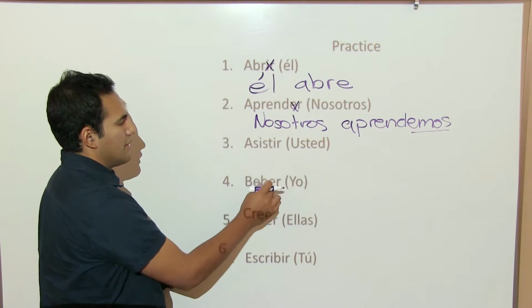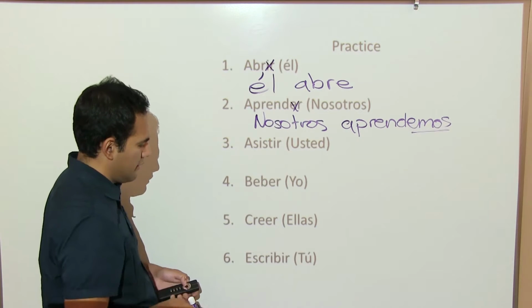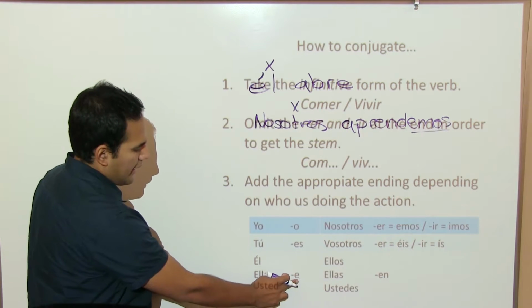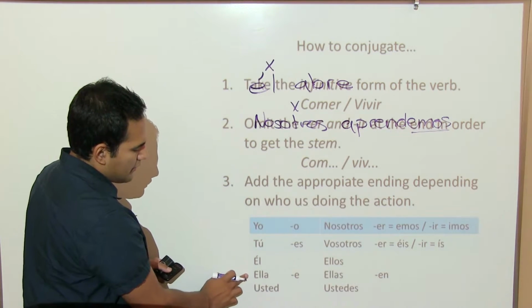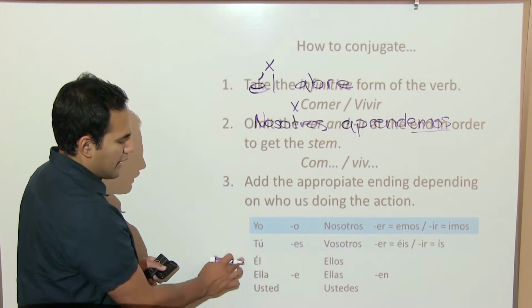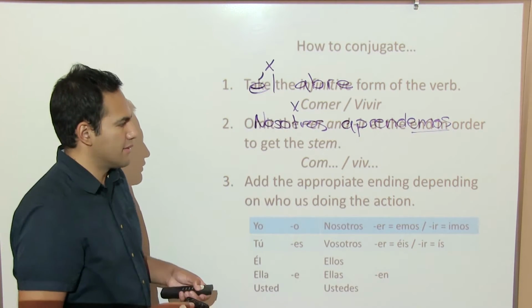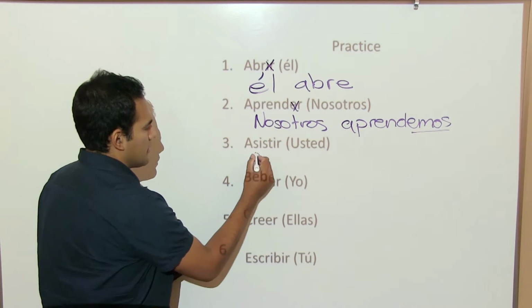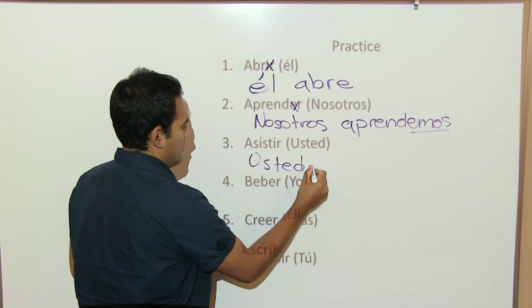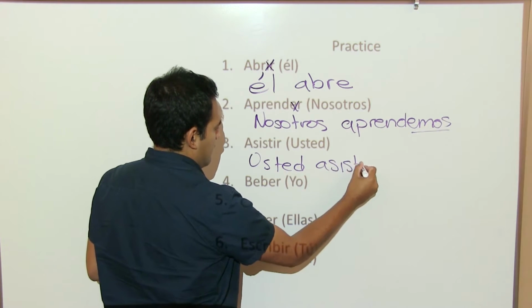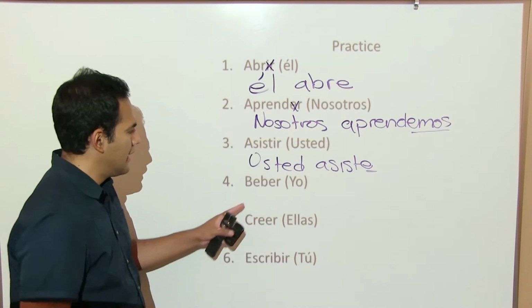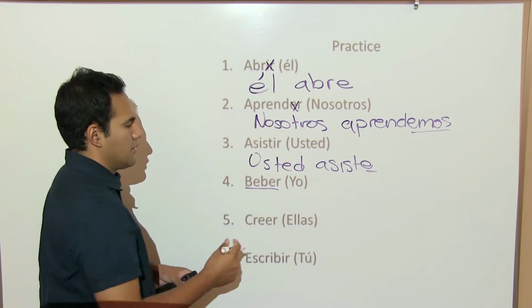So for this one, we're going to use E, and just for you to remember, él, ella, and usted share the same ending, which is nice, so it's not hard to remember. So, usted asiste.